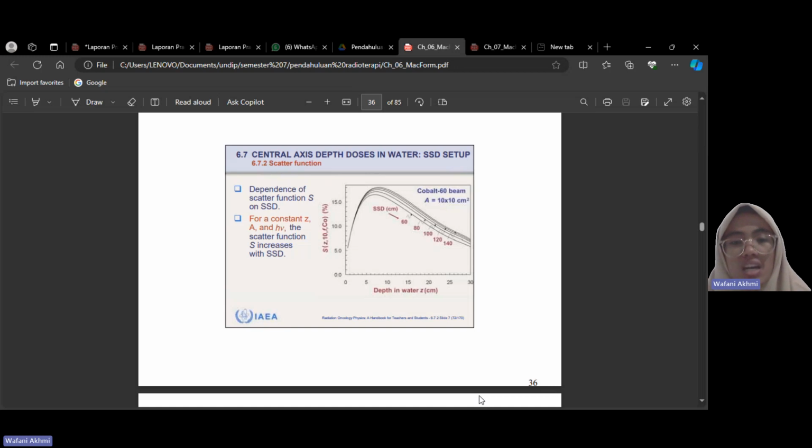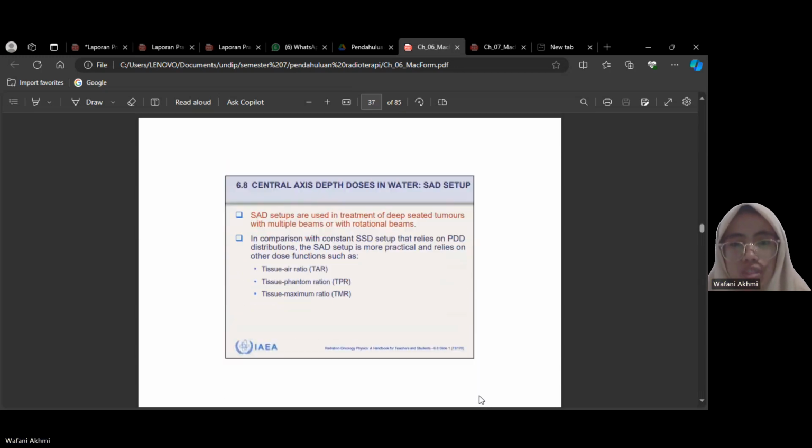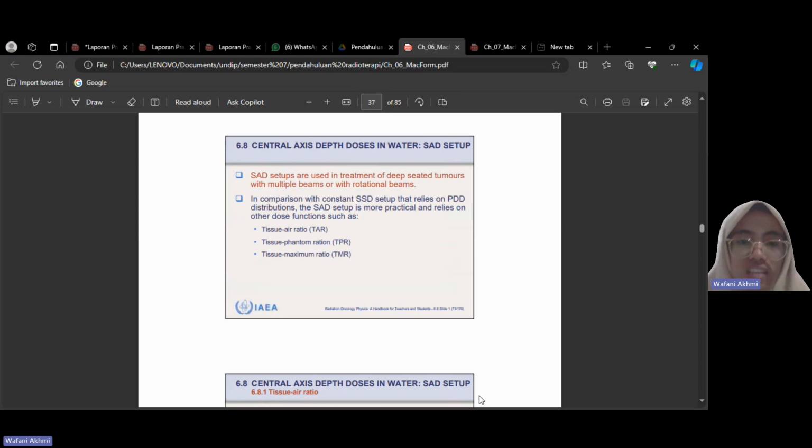For a constant Z, A, and HV, the scatter function S increases with SSD. SAD setups are used in treatment of deep-seated tumors, while SSD setups rely on PDD distribution. The SAD setup is more practical and relies on isocentric functions such as TAR, TPR, and TMR.